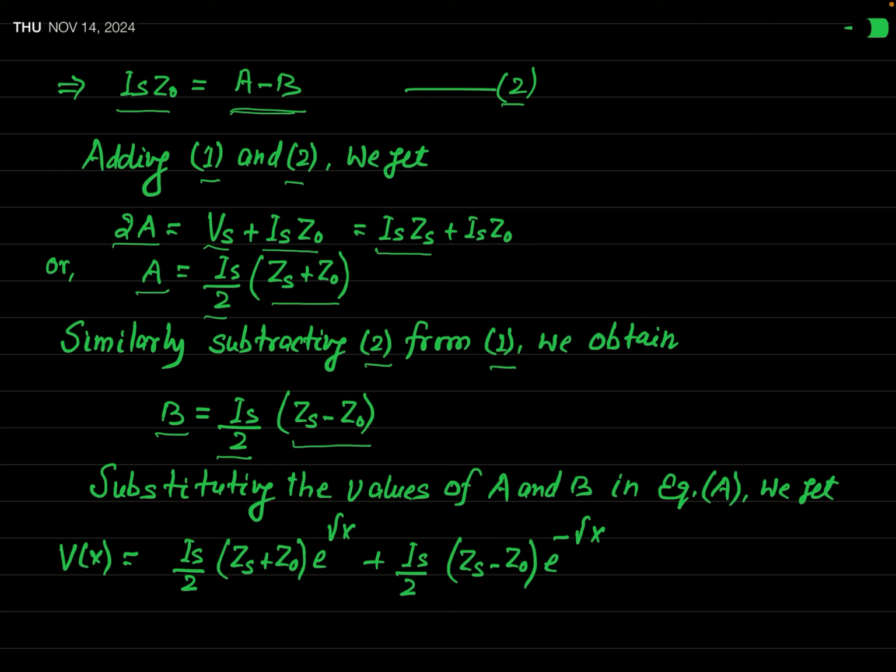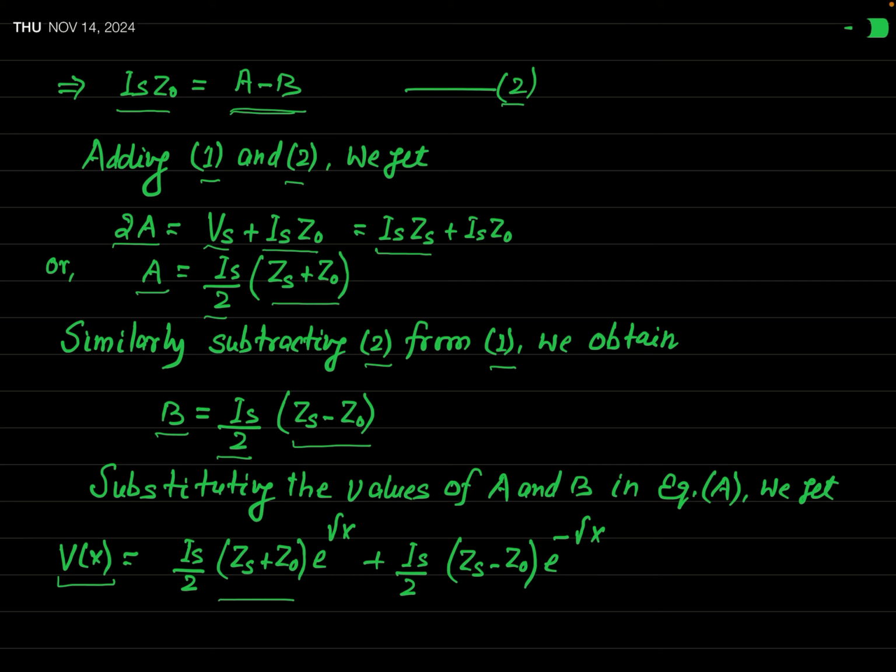After obtaining these two values, the values of A and B, now you can find the actual value of V of x. How this V varies with x, now we can find. You know, V of x is equal to A times e to the power gamma x.